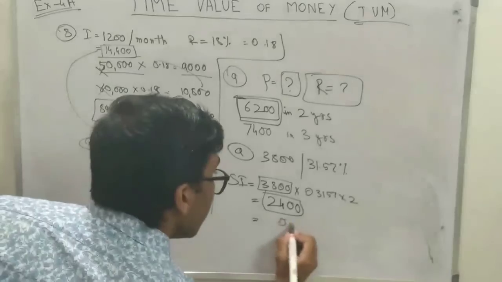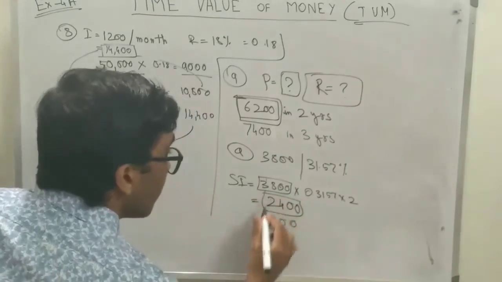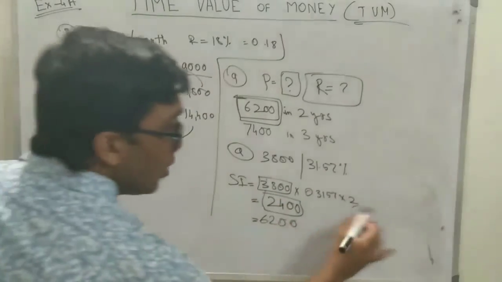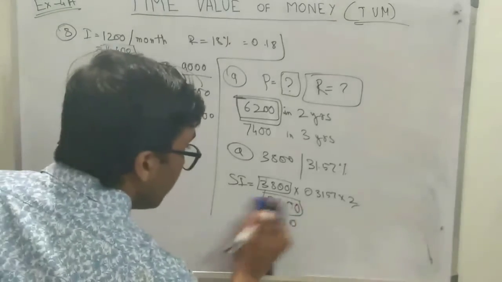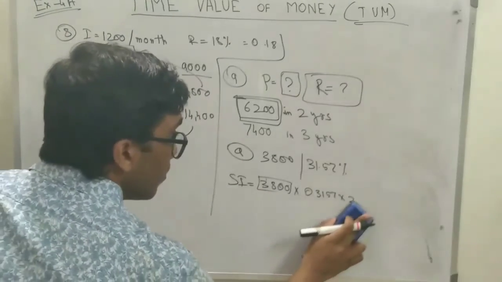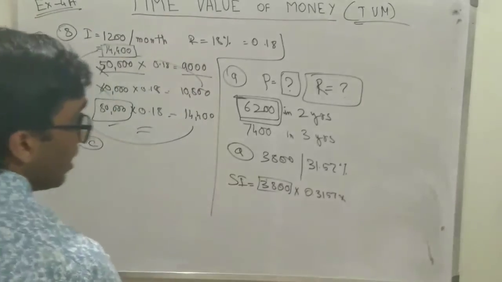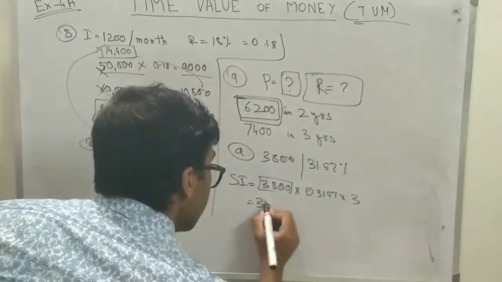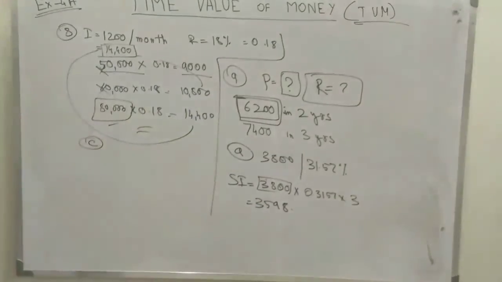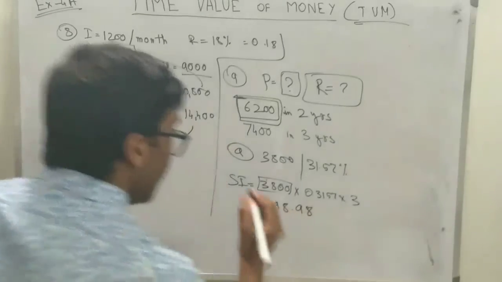Now see, if you replace the 2 with 3, and calculate 3800 into 0.3157 into 3, you are getting the interest as 3598.98.